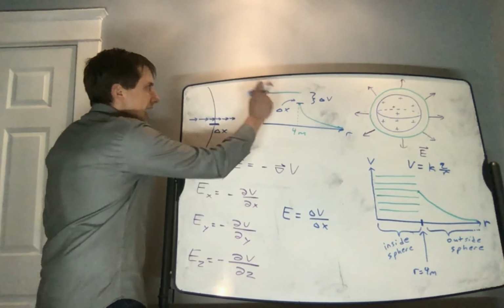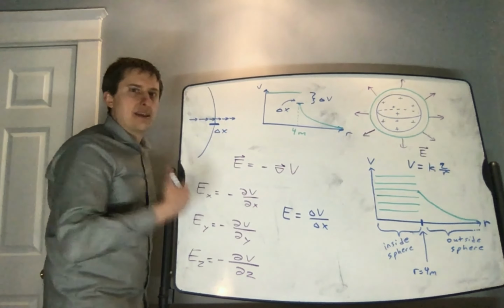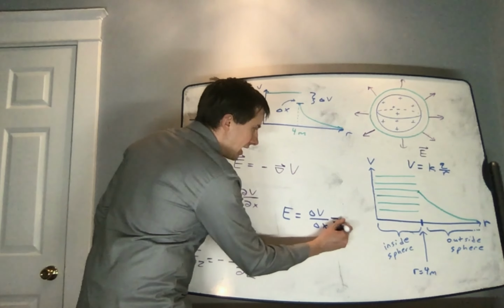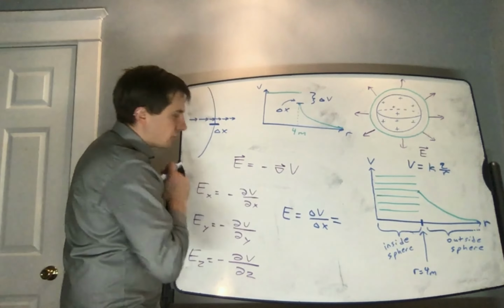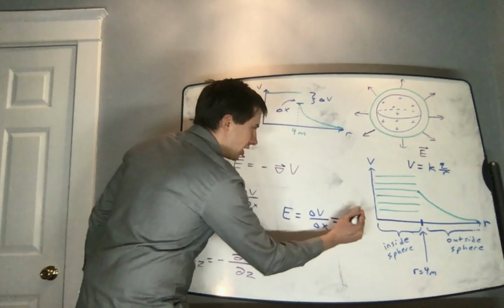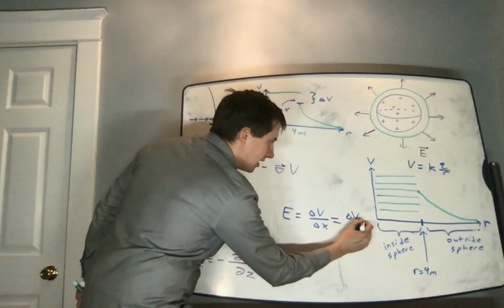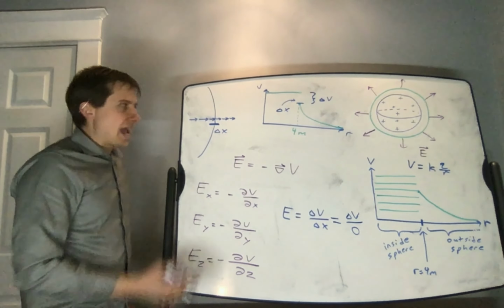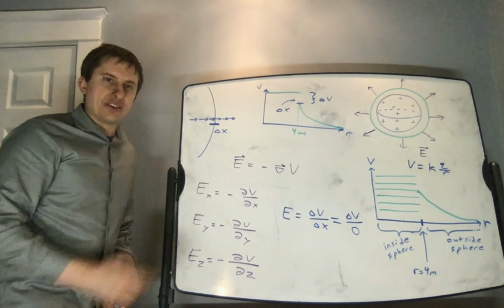And based on how this plot is drawn, in the limit where delta x goes to 0, delta V is still going to be this finite number. So the strength of the electric field would effectively become whatever the finite value of delta V is, divided by 0, and then the strength of the electric field at the surface of the sphere would blow up to infinity. And we don't want this.